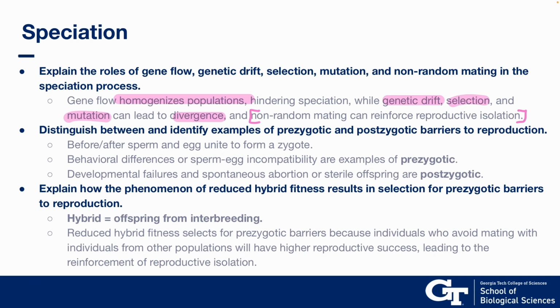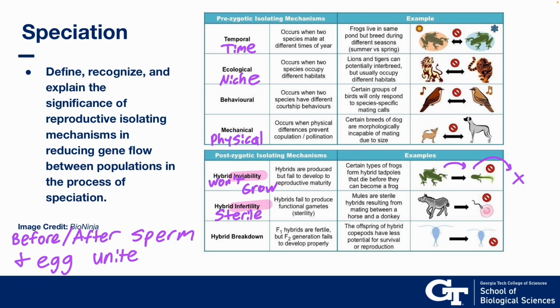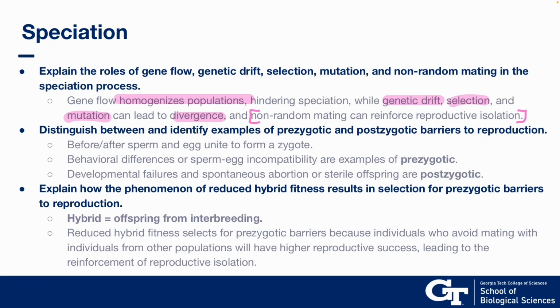So for example, this bullet point is wrong. Behavioral differences, an example of prezygotic, sperm and egg being incompatible. Is that prezygotic or postzygotic? Actually, no, it's not wrong. Because if sperm and egg are incompatible, that is an example of a mechanical difference. Because we physically cannot form that zygote, so it's prezygotic.